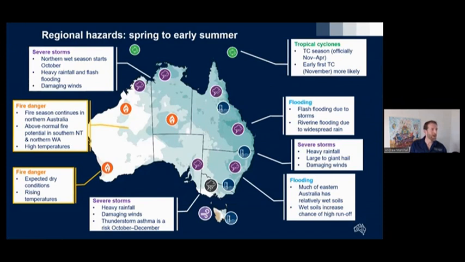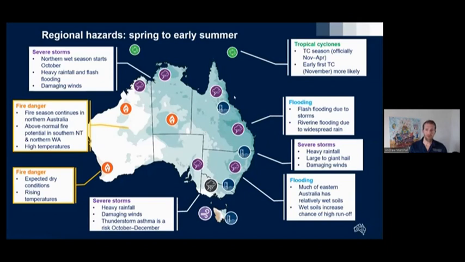So just to finally sum up, some of this key messaging. So if we look here at the Gulf and in Queensland more broadly, you can see the key hazards are tropical cyclones. So being a La Nina year, we tend to see more tropical cyclones, and that first one occurring earlier than normal.